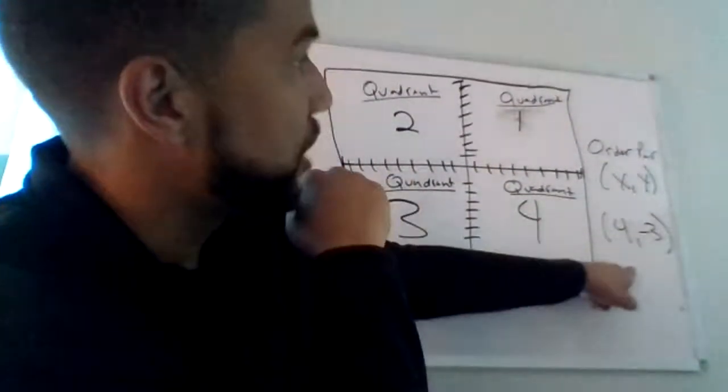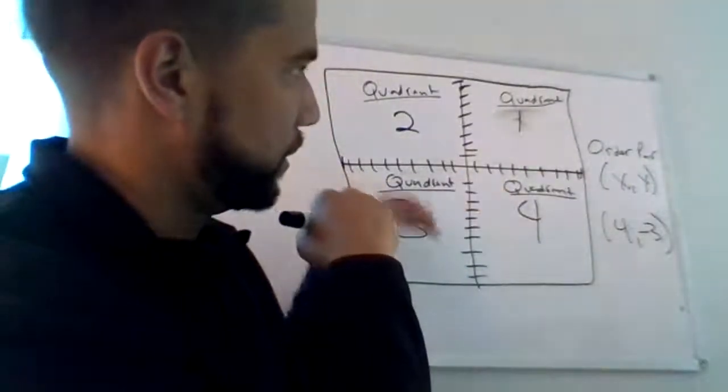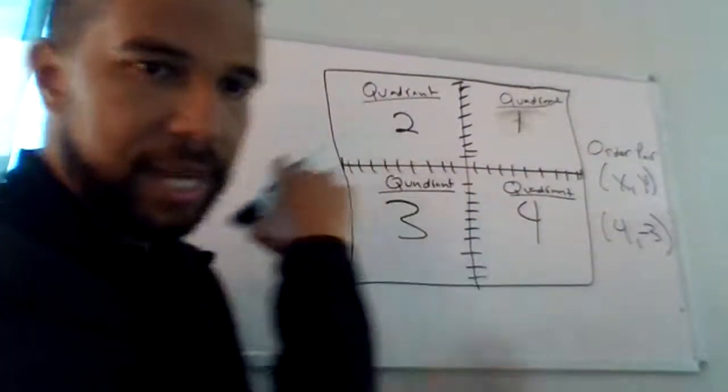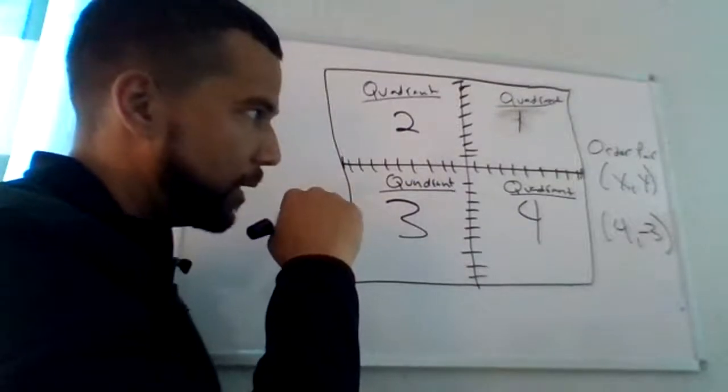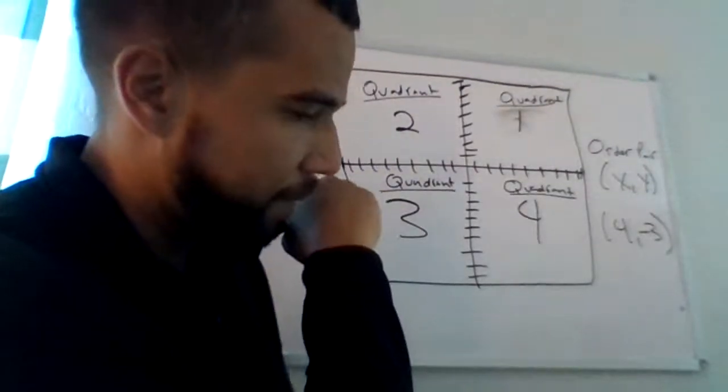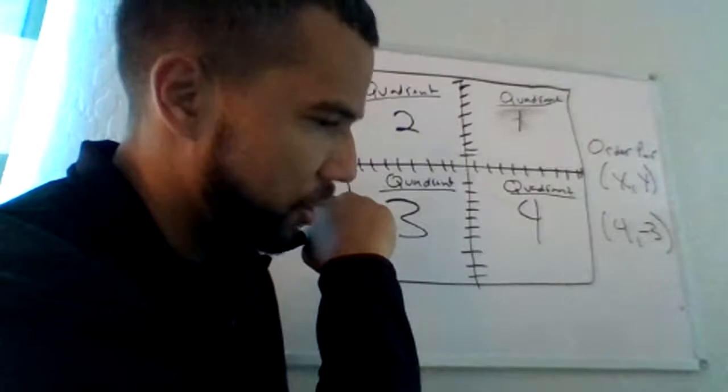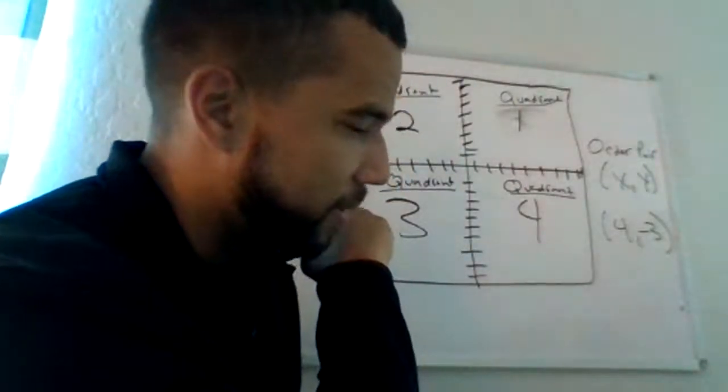So ordered pairs can only be in one quadrant. And this is to see how well we understand ordered pairs.